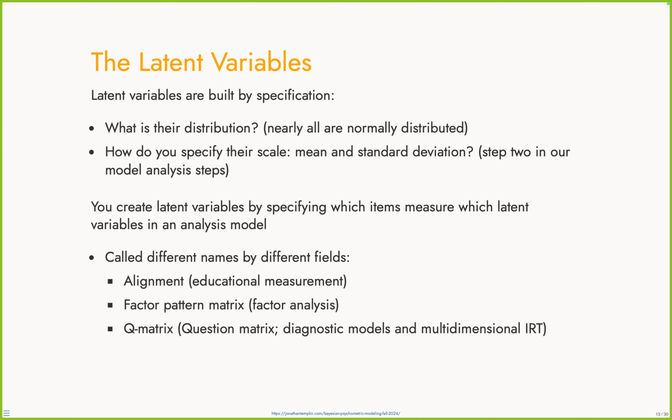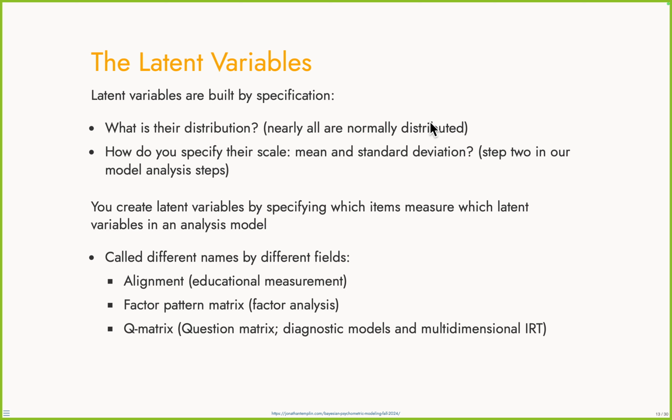We're trying to put them into a model, so we have to specify the distribution of our latent variables. And I will tell you this, nearly all latent variable models have the latent variables follow a normal distribution. I will note that in non-Bayesian psychometrics, you often specify the distribution of the latent variable as well, but not always.